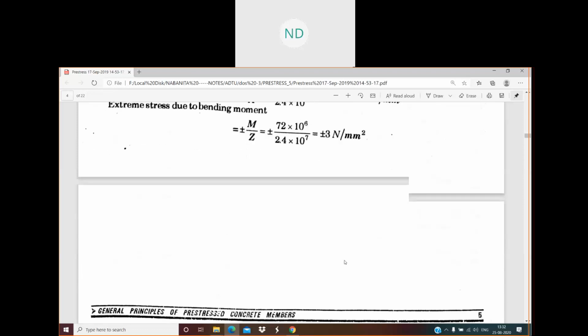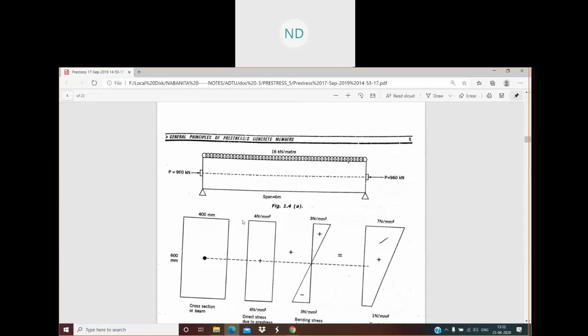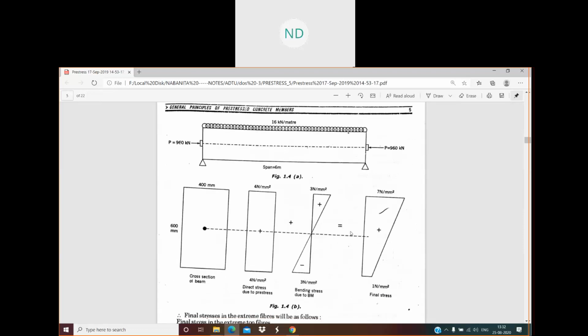So how are we going to draw? This one is your stress diagram. This was a simply supported beam of span 6 meter, given with a pre-stressing force of 960 kilonewton with a UDL of 16 kilonewton.